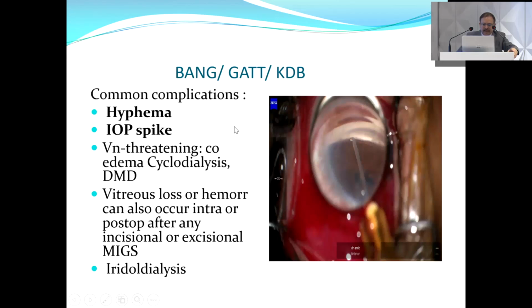BANG and GATT and KDB, they have almost similar complications. Common ones are hyphema and IOP spike, and vision threatening complications like corneal edema, cyclodialysis or DMD can occur, and rarely vitreous loss or hemorrhage can occur, and iridodialysis.